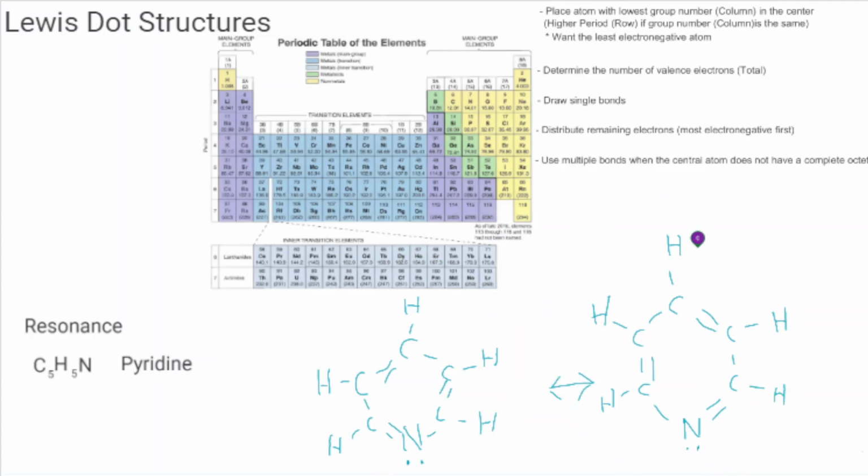Now, I'm going to go ahead and draw the combination over here, just so it's a little bit easier to see. So if we actually combine those two resonance structures, we'll have our carbon backbone and nitrogen on the bottom. We'll have all of our hydrogens.